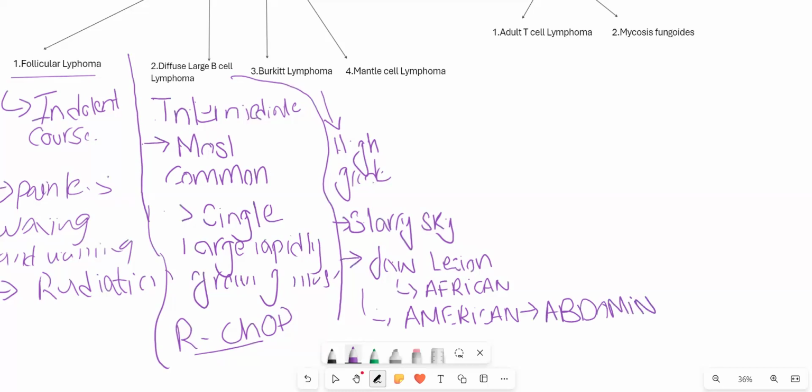It is highly associated with Epstein-Barr virus.